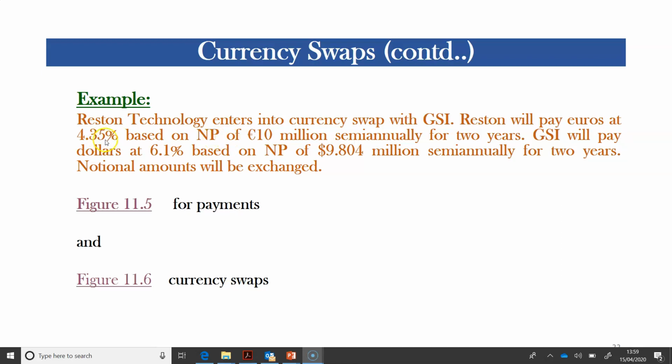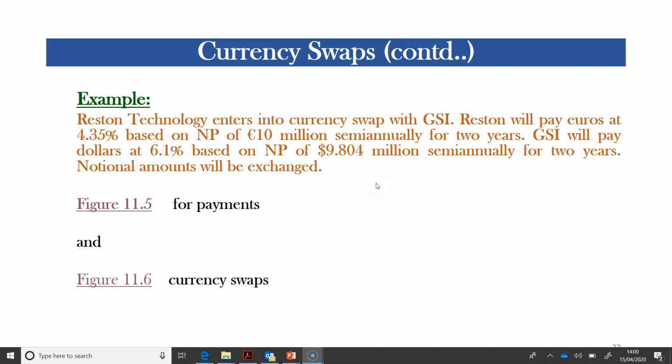Reston agrees to pay the euro interest rate of 4.35% on a notional value of 10 million, where payments will be made semi-annually for 2 years. The counterparty, that is GSI, agrees to pay the dollar interest rate of 6.1% based on a notional principal of 9.804 million semi-annually for the 2 years.